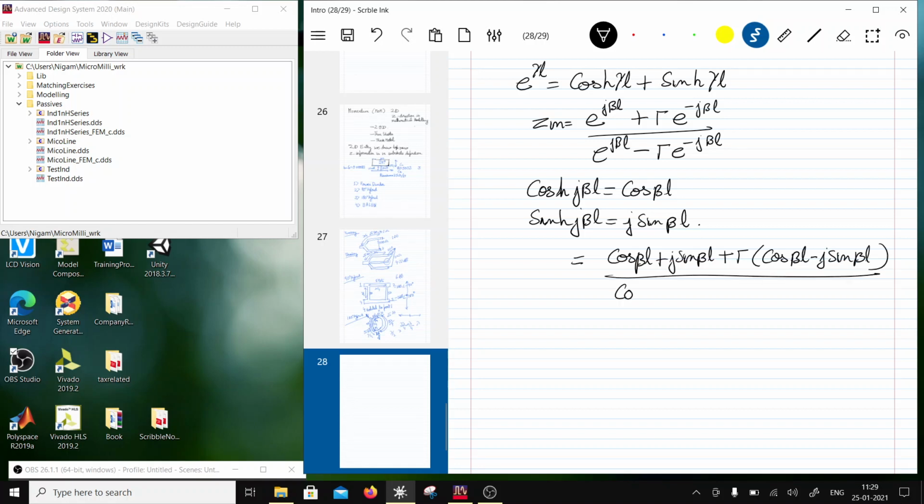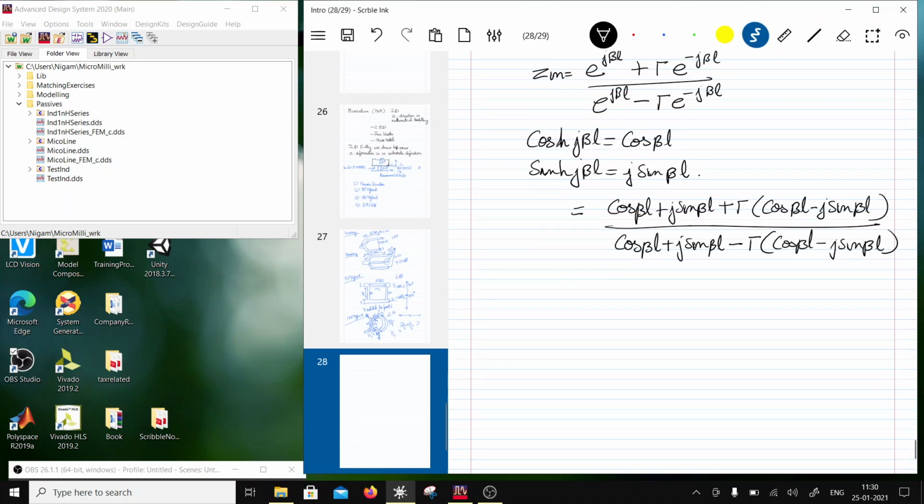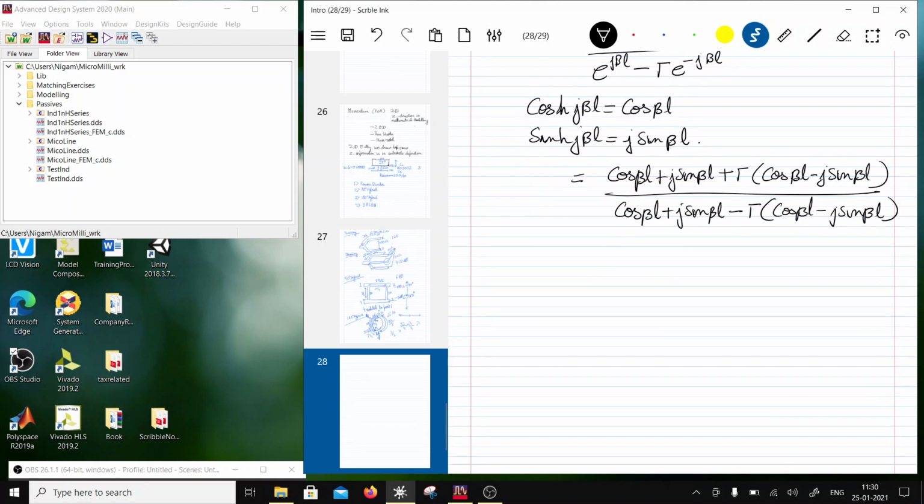And then here it will be cos(βL) plus j sin(βL), minus Γ times cos(βL) minus j sin(βL). Now Γ is equal to (ZL − Z0) by (ZL + Z0).